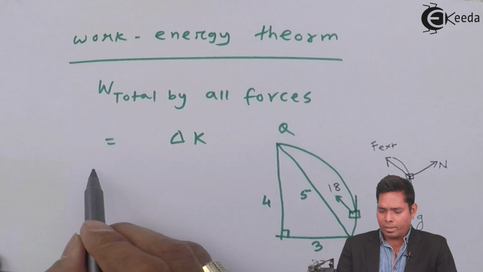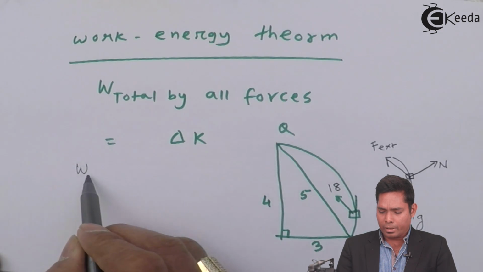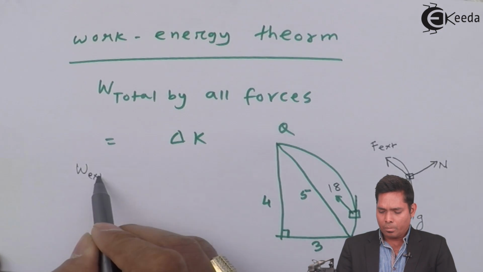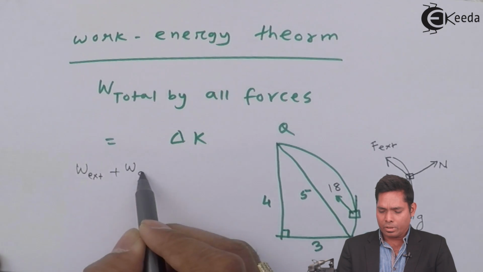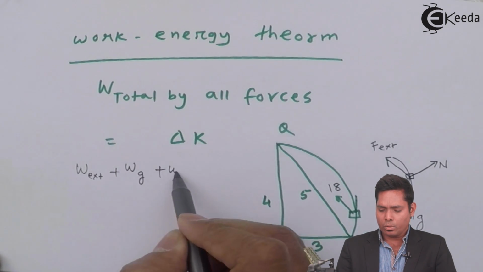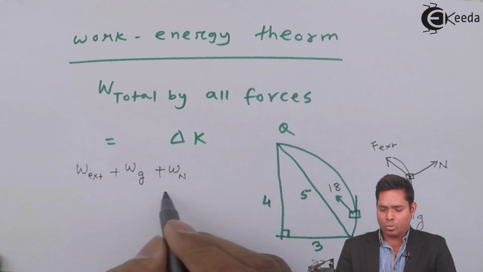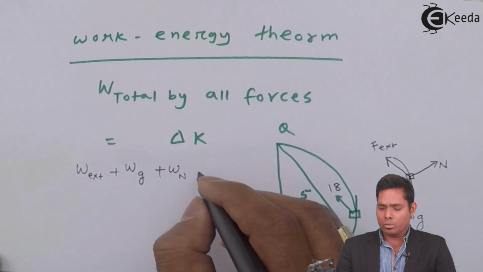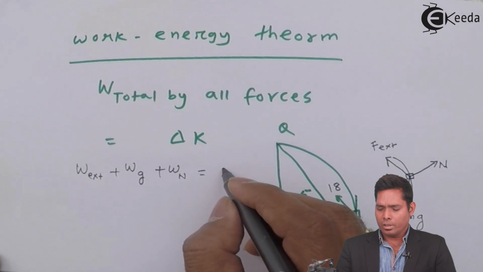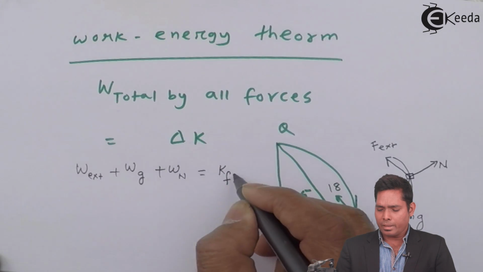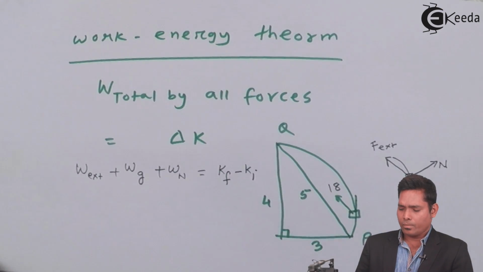So the work done by external force plus work done by gravitational force plus work done due to normal reaction is the total work done. That must be equal to the change in kinetic energy, that is final kinetic energy minus initial kinetic energy.